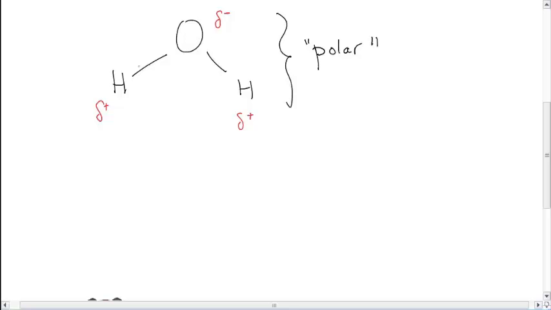All this means is that within the covalent bond, the electrons are actually going to hang out a little bit closer to the oxygen than to the hydrogen. Now again, I've told you opposite charges attract. So water is going to really like ionic compounds because ions are charged.